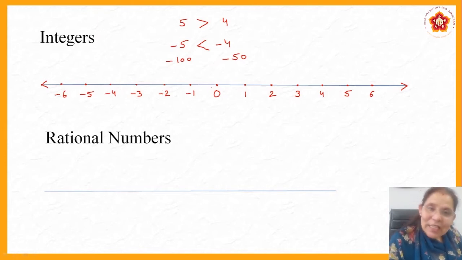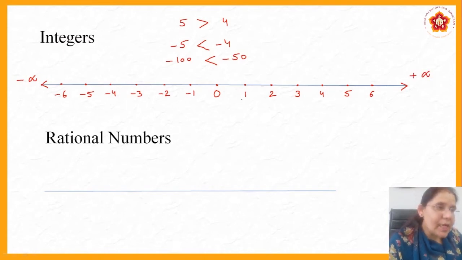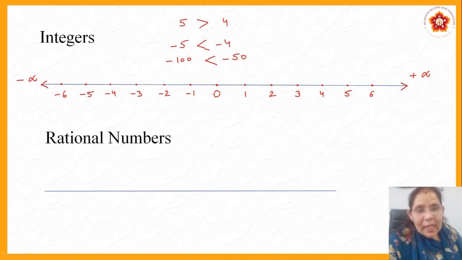Minus 50 is nearer to 0. So minus 50 is greater than minus 100. On this number line, we have minus infinity on this side and plus infinity on the other side. So as we move away from 0 towards the left hand side, the value of the number keeps on decreasing.